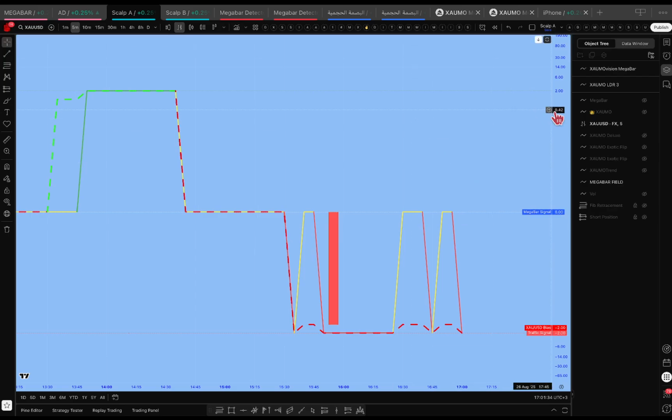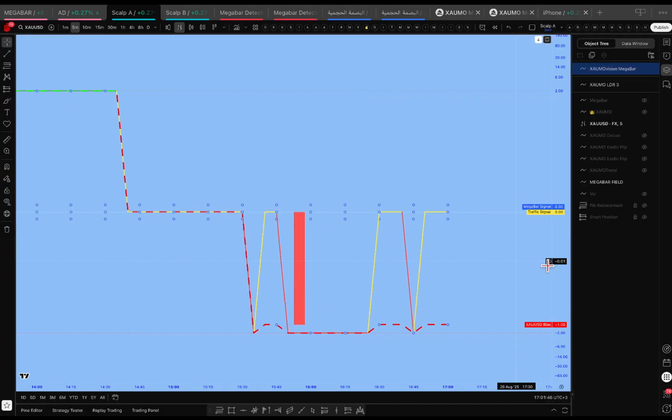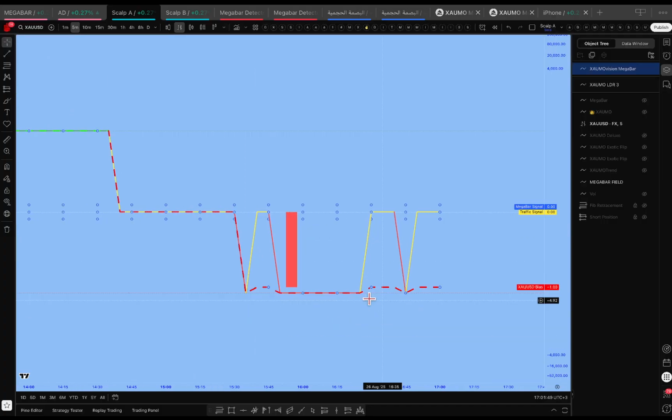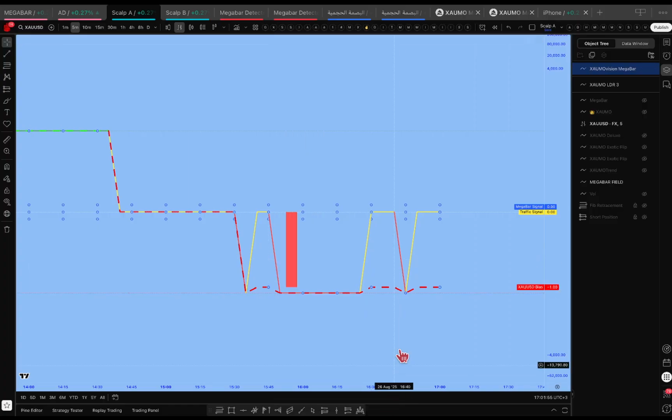This is my private baby. The setting is different. If you check here, you have the VIX panic. You can tell whether the VIX is panicking or doing okay in the business. Also, you can check here, I have the background red and blue, red and green.